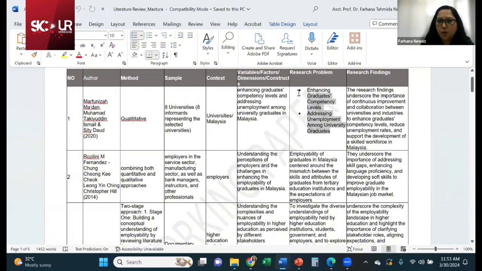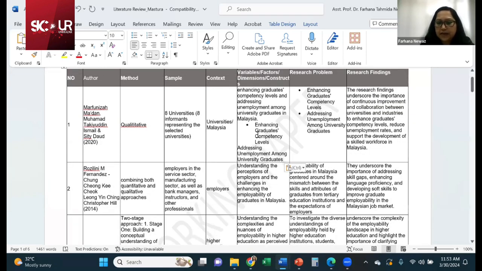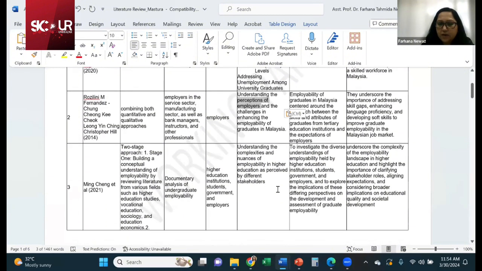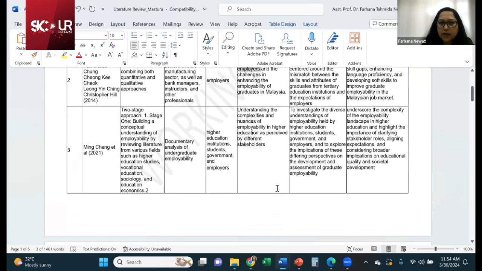Competency level is one variable right here. Then what else? Then perception of employers can be one of the variables, right? So you need to see what variables are there. Okay, then maybe one more thing.